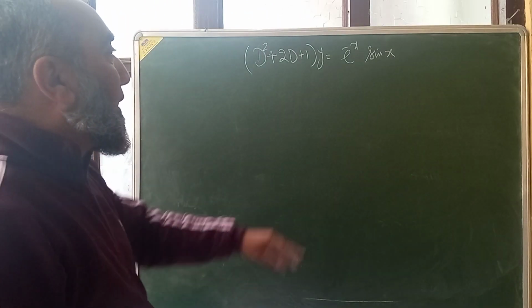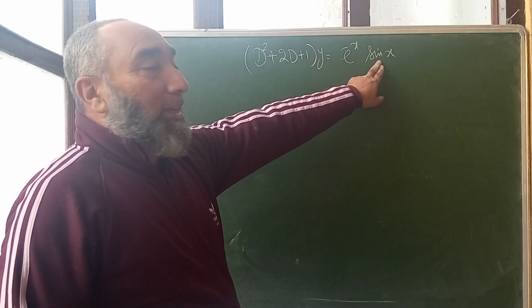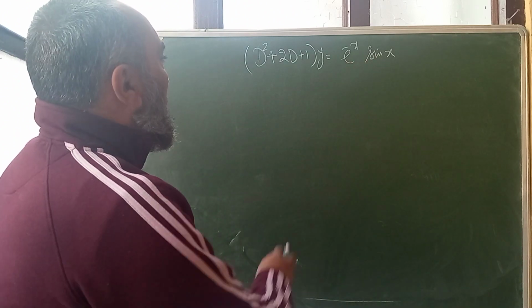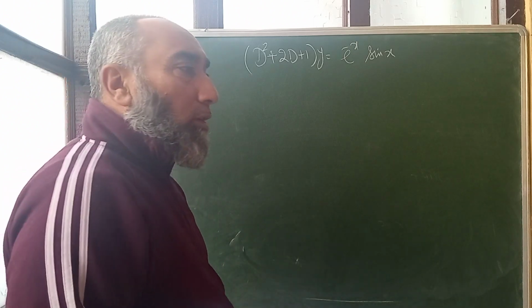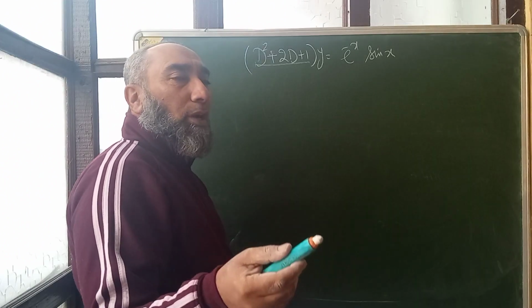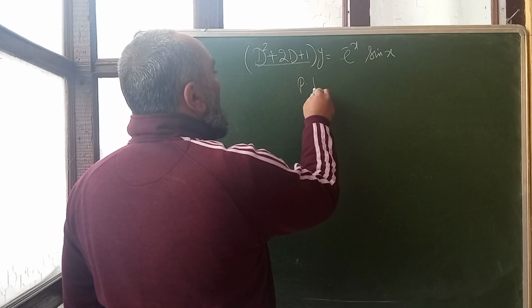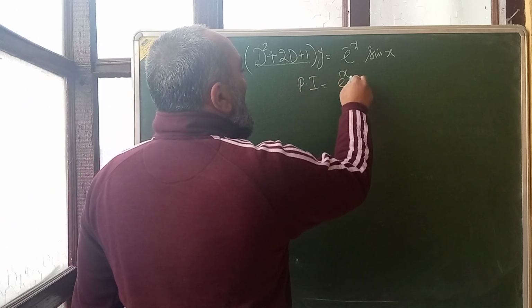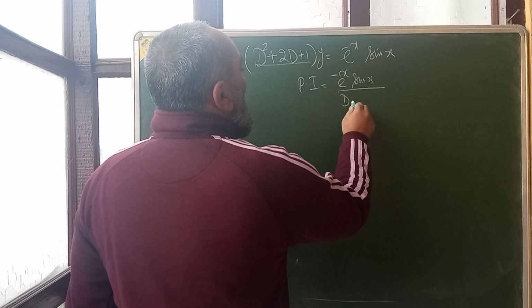What I have to do is that you have a product of two functions, e to the power minus x and sin x. I will not go to the auxiliary equation because it is very simple. This is d plus 1 whole square, m plus 1 whole square, m is minus 1 and minus 1. So let me write the particular integral only. e raised power minus x sin x, d square plus 2d plus 1.